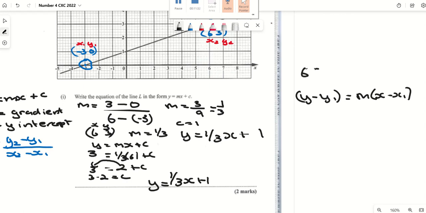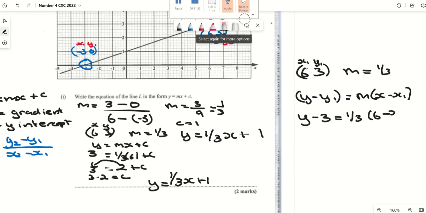Same thing, we'll use 6 and 3, and we know m is equal to a third. So 6 is x1, 3 is y1. So it's y minus 3 is equal to a third by x minus 6.